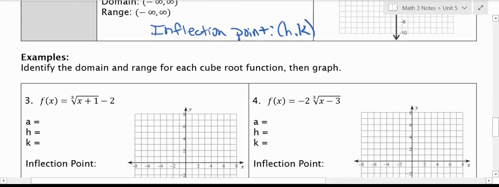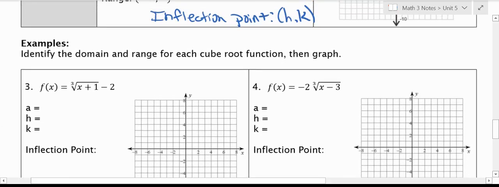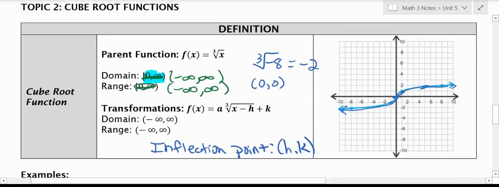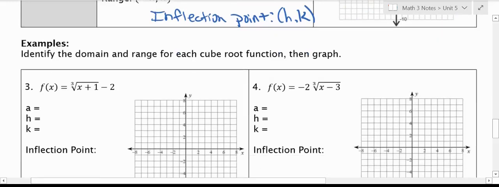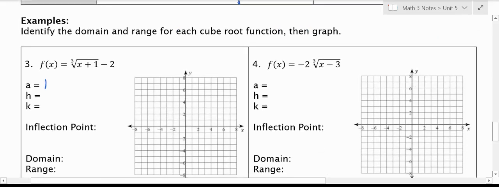So for this first example, we're going to do the same thing. Again, it's a cube root, so we want to make sure we know what our parent function looks like. It's going to look like this. And so our a value is 1. Our h is -1. Our k is -2. And the inflection point is (-1, -2). So I'm going to go to (-1, -2). That's where our graph's going to do a little pivot.